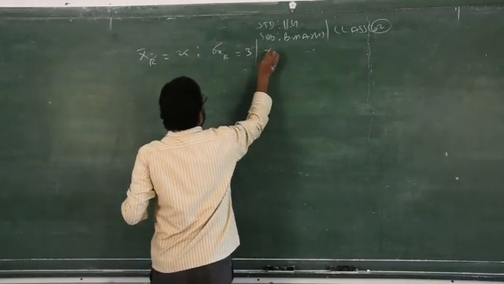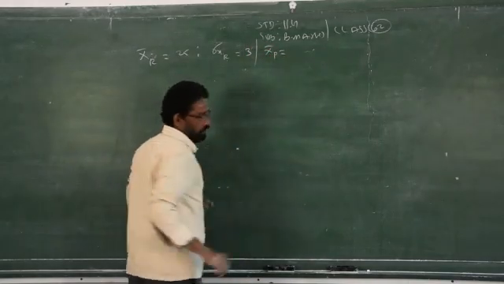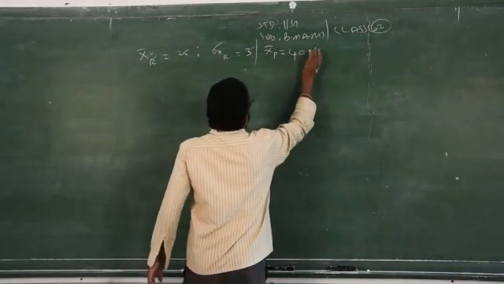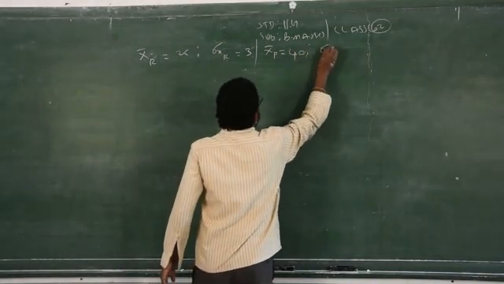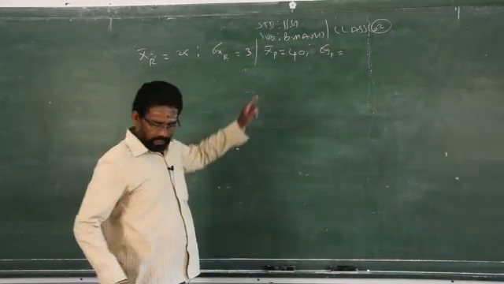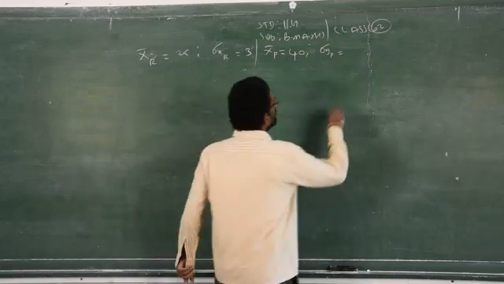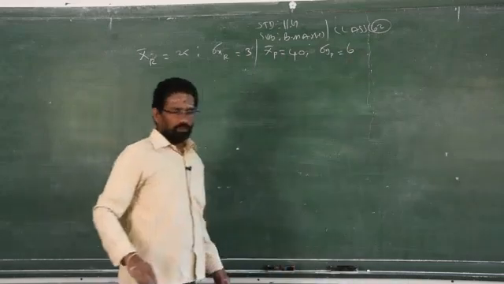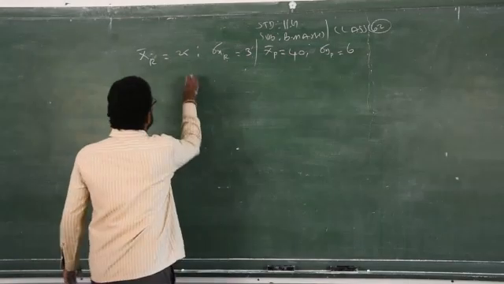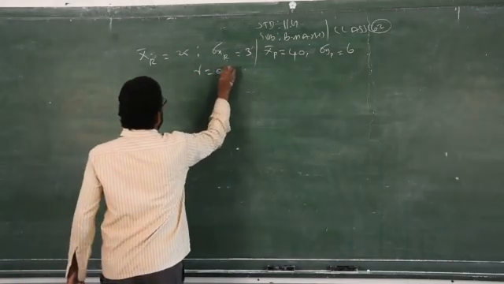Similarly, you have x bar for production, that is 40. Then sigma, standard deviation for production, which I consider as the y variable, is 6. So, these are the informations given. Then the coefficient of correlation between the two, production and rainfall, is given as r, that is 0.8.